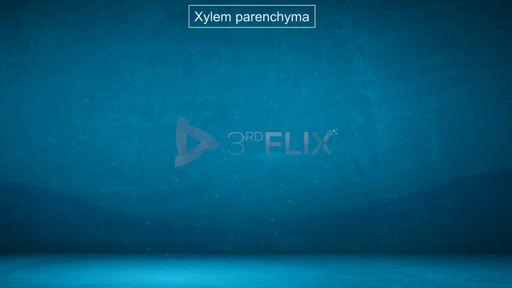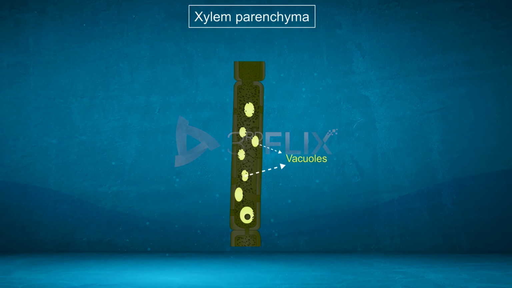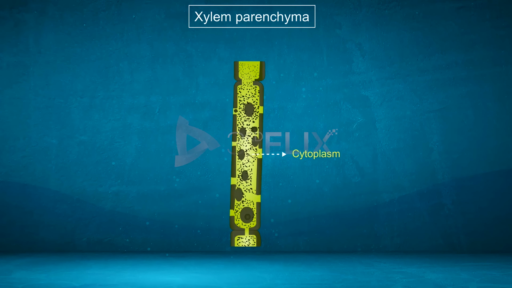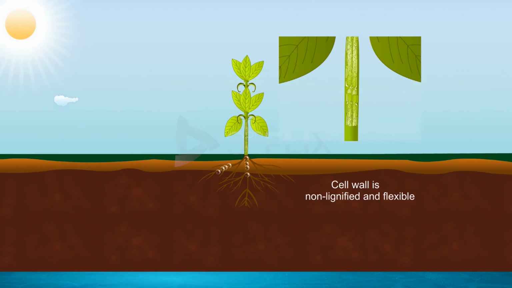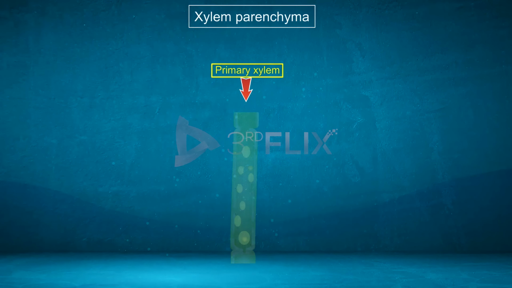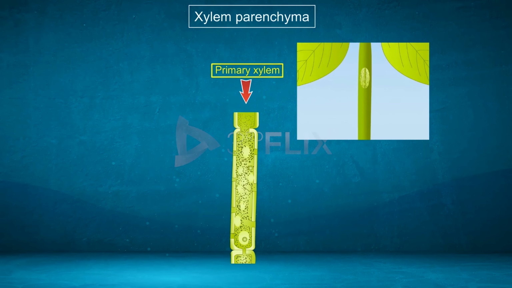Xylem parenchyma. These are parenchymatic living cells with thin walls and have vacuoles present in the cytoplasm. The cell wall is non-lignified and flexible. Primary xylem contains axial parenchyma that is arranged parallel to the axis.